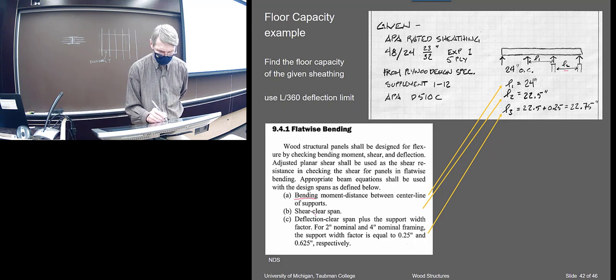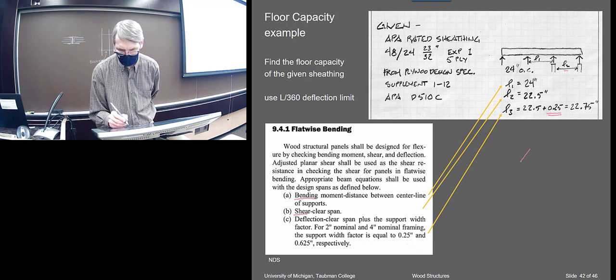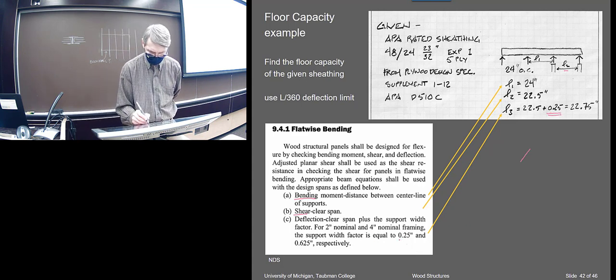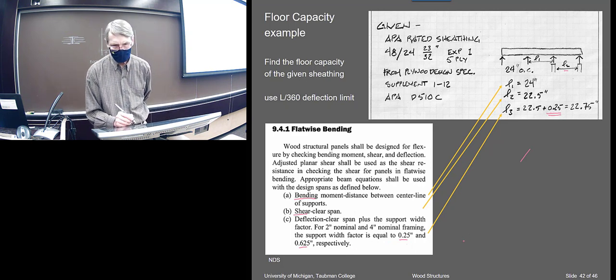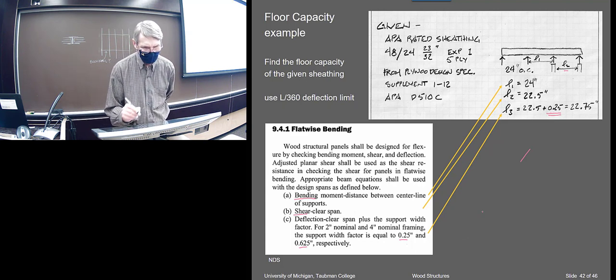Clear span is used for shear, and deflection doesn't use either of those. Amazingly, they take the on-center and then add, depending on the thickness, I think either 2.5 or 6.25, to make it a little bit bigger. And those are the spans we'll use.